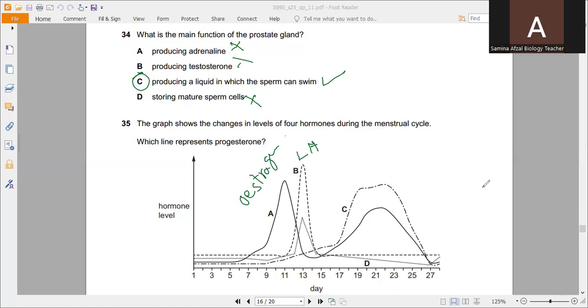Then C: this hormone is produced by the corpus luteum after ovulation has occurred. Therefore its level remains low in the first half of the cycle and rises only during the second half. So according to this, I would like to go with C. C is progesterone.